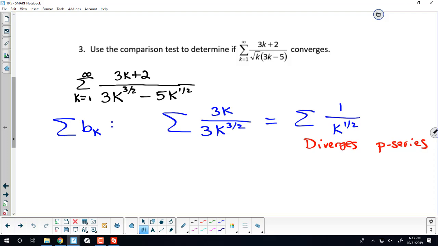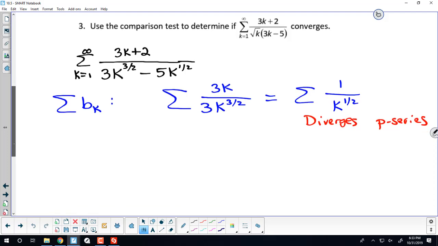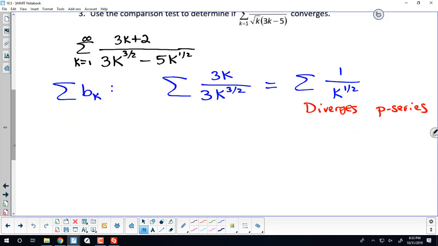Once you pick a series that you're comparing to, you have to know the nature of it. Does it converge or diverge? Sometimes you might have to do a separate test to determine whether it converges or diverges. But then once we know that, for the limit comparison, I think it's preferable over the direct comparison in a lot of cases because you don't have to establish which one's larger, which one's smaller. We just immediately go into computing the limit at infinity.